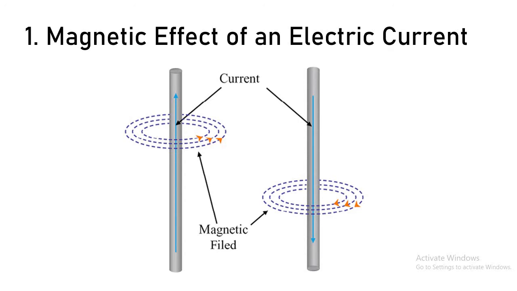Now this explanation wants to give you the first effect: when the current flows through any conductor, it establishes the magnetic field around it. First point. Second point, this magnetic field is in the form of concentric circles around it.